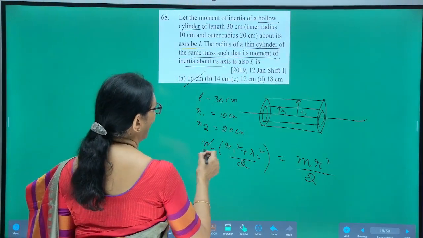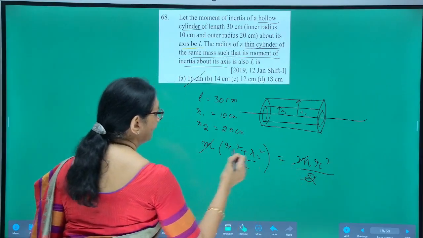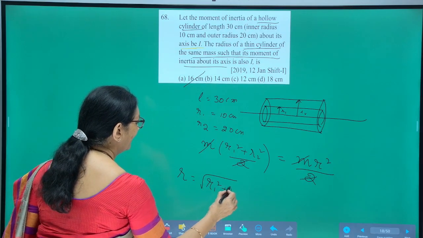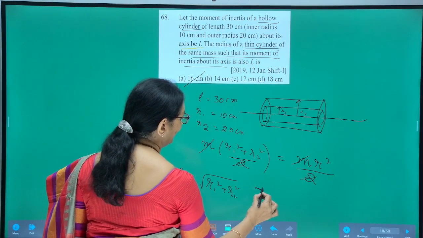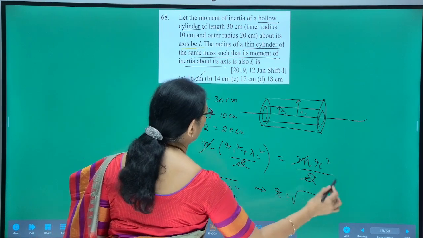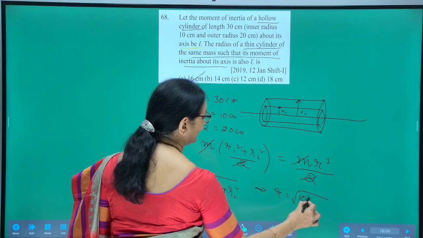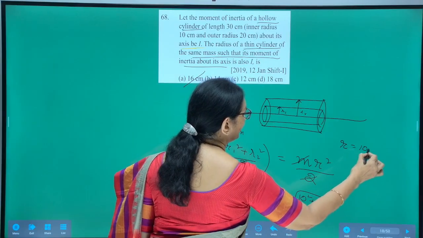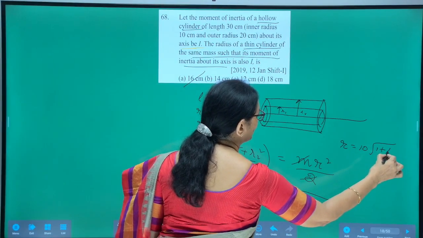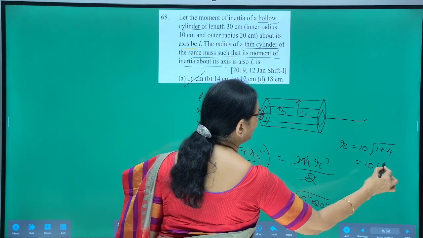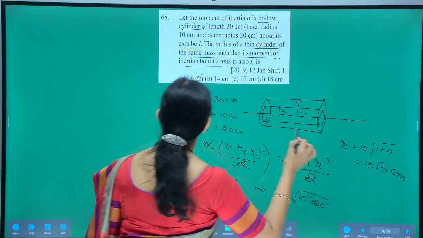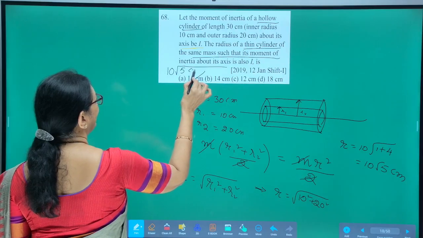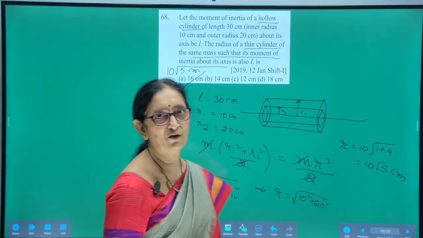So, same mass m, and m gets cancelled, from that r is equal to root of r1 square plus r2 square, implies r is equal to root of 10 square plus 20 square. So, r is equal to 10 root of 1 square plus 2 square, it is 10 root 5. Actually, this is the correct answer given. It is 10 root 5 centimeters. It is printed wrong by mistake.